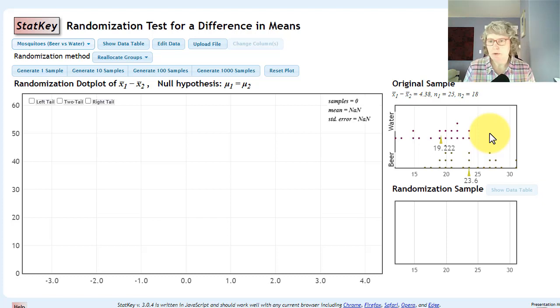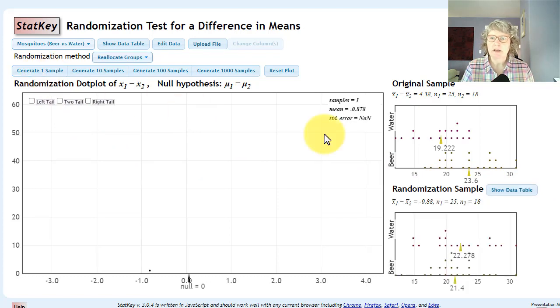So I'm going to do a few slowly so you can get an idea of what's happening here. I'm going to generate one sample. What it did was it reshuffled. It took all the 43 people, shuffled them together, and randomly assigned them. They were randomly assigned before the experiment, but now that we have the results, we're randomly assigning them again, okay?